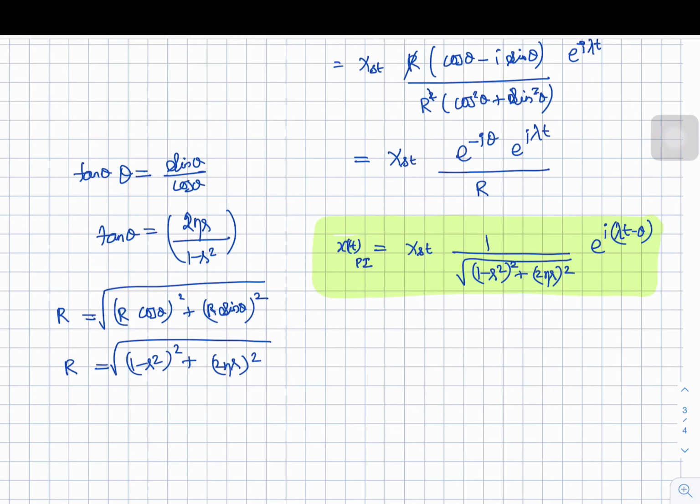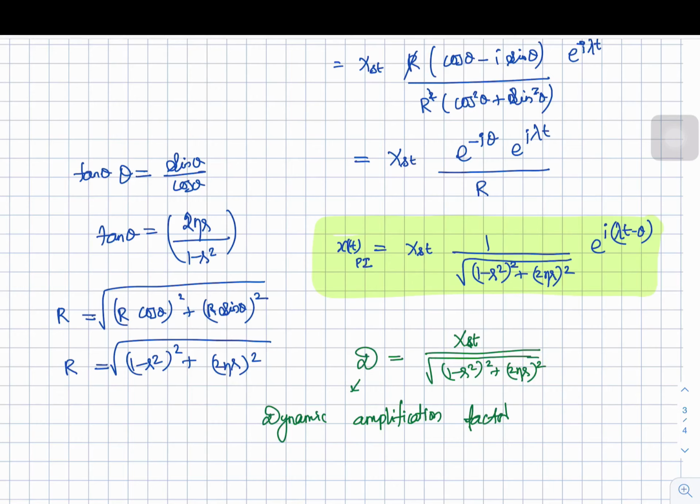particular integral. So another parameter I need to introduce is D. This is the dynamic amplification factor, which is x_st divided by this root of (1 minus r square) whole square plus (2 eta r) whole square.